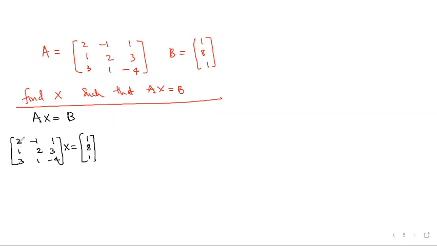Now stop for a minute for the first step. Don't proceed. What is the best method to make this 1? A11 should be made 1.